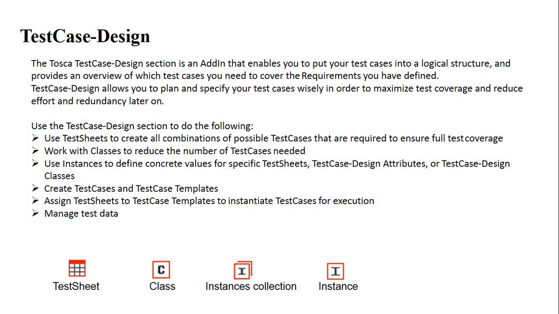You just first have to create a test sheet where you have all these business objects, I mean these all for users, and under this you can have the values inside it. Like for my first user I'm providing these values, and for the second user I'm providing these values. All of these are going to be in the test case design.